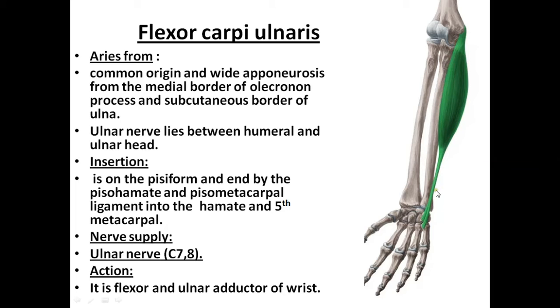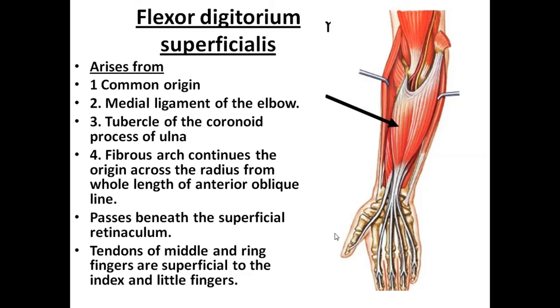They become a tendon in the lower part of the forearm, and then attach to the pisiform bone, ending in the pisohamate and pisometacarpal ligaments at the hamate and the fifth metacarpal. As its name suggests, it is on the ulnar side, and it receives its nerve supply from the ulnar nerve. It is a flexor and adductor of the wrist joint.